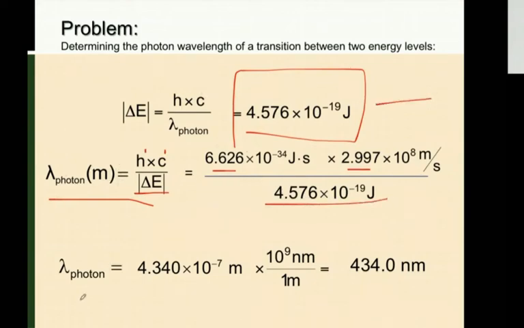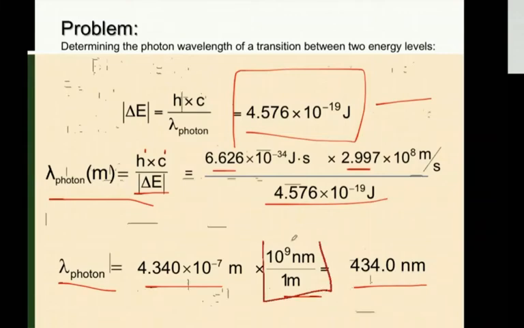Then lambda photon is equal to this times this, which is equal to 434.0 nanometers. This part here is really just the conversion factor from meters to nanometers. But the wavelength of our photon is 4.340 times 10 to the minus 7 meters.